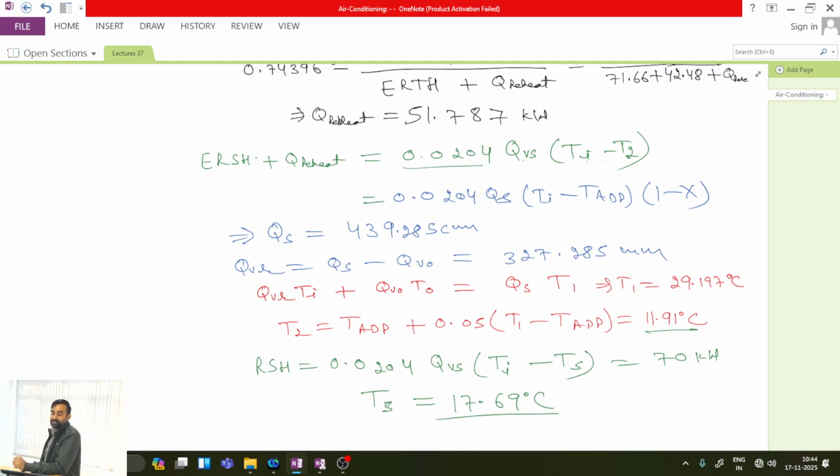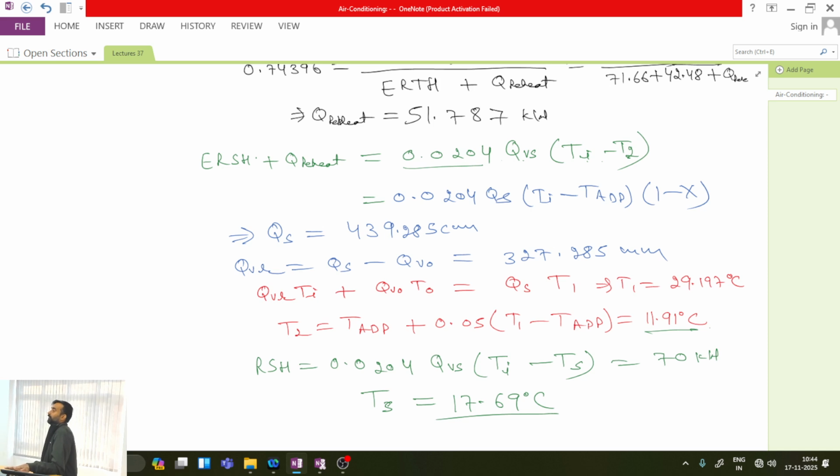of situation is when we are designing the air conditioning system for scenarios where latent cooling load on the room is extremely large. Okay, so then this type of special arrangement has to be considered.